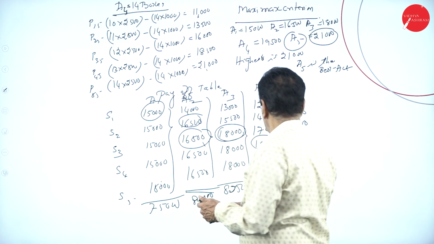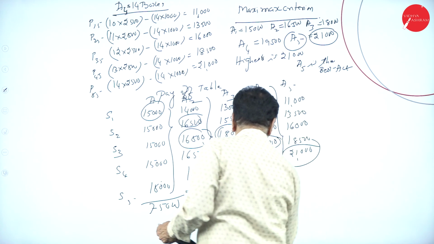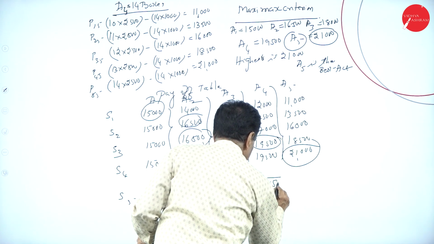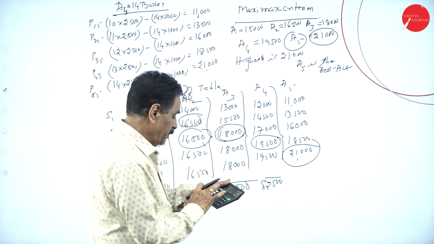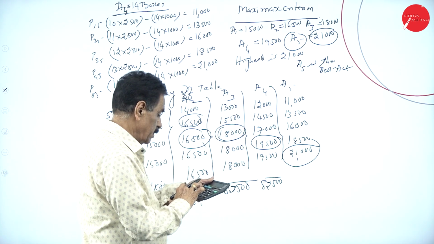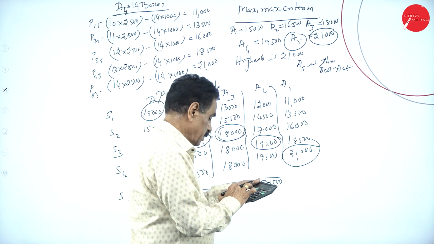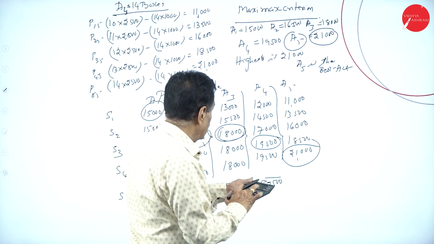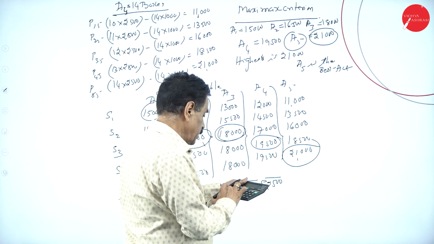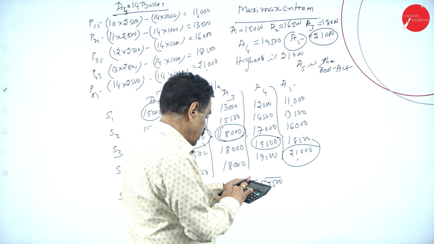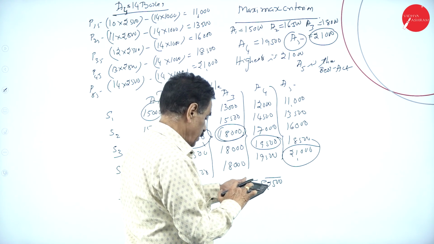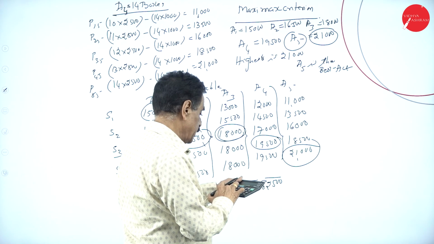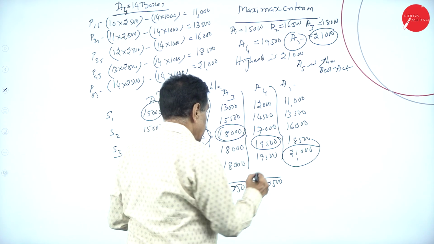Then A5: 11,000 plus 13,500 plus 16,000 plus 18,500 plus 21,000, 80,000.